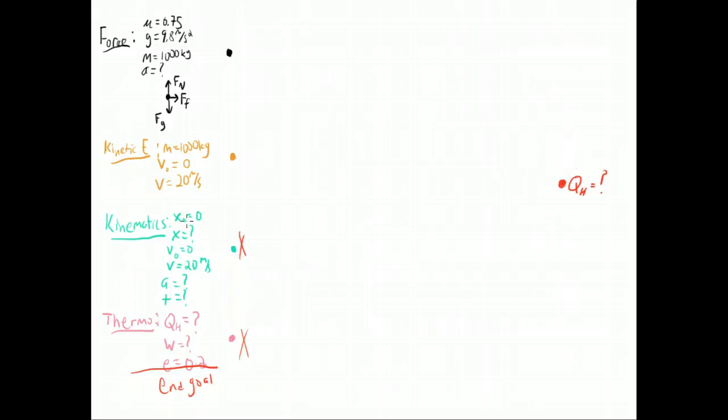The kinematics, you can see we have a lot of information but not quite enough to do anything. So I'm going to ignore that for now. So that leaves me with two other options here. And before I really approach those, one of the things that becomes apparent as you look at this is that one option from the end really is to deal with an equation like efficiency equals work over QH.